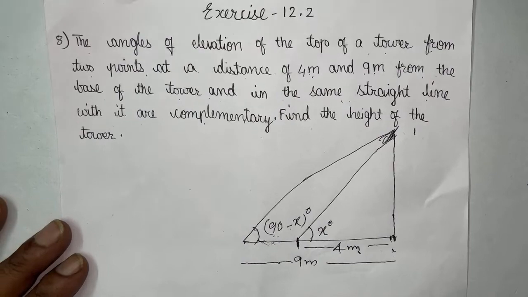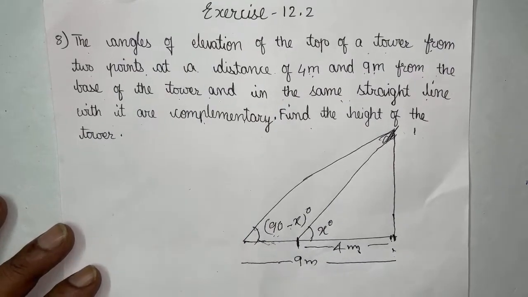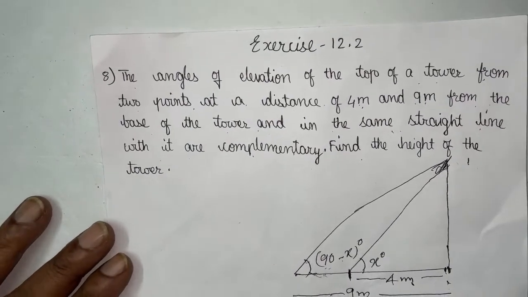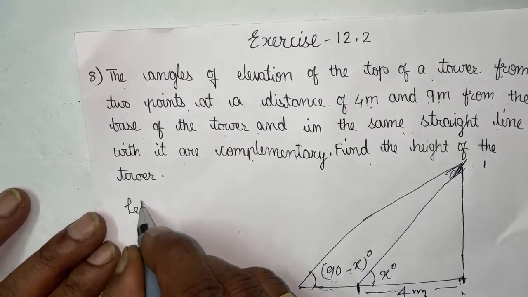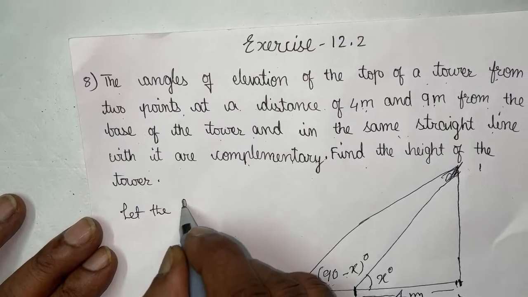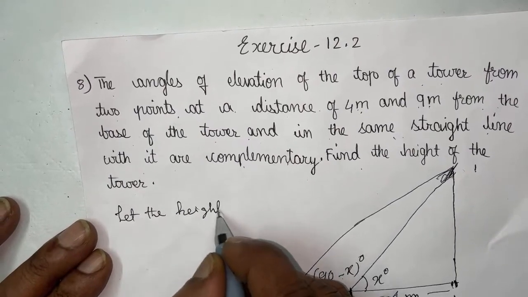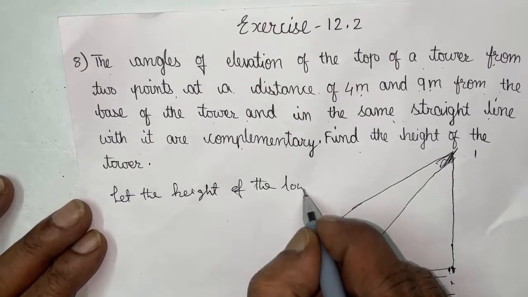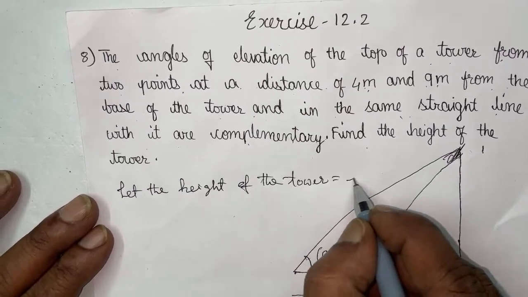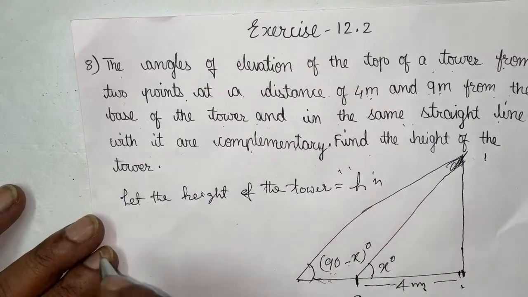Okay, now we have to go stepwise. Let the height of the tower be h meters. That we know.